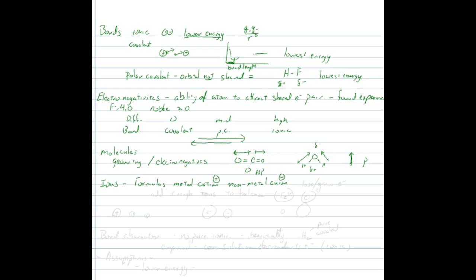You lose or gain enough electrons to gain noble gas configuration. And then you have enough of one ion or the other to balance, add enough ions of each sort to balance charge.